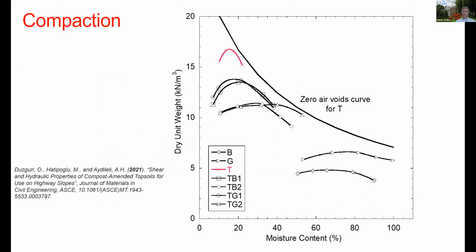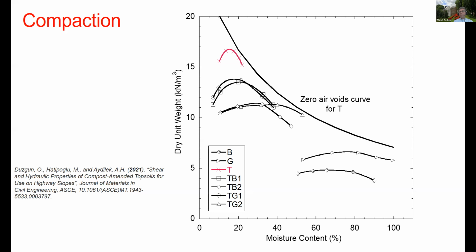Okay, one thing here is looking at the compaction properties. We don't perform the same compaction like we do in other soils, in other systems, such as subgrades and bases. However, it's important to know how the water density relationships of these materials differ from topsoil, just for our own purposes. Here you can see the red one all the way at the top is the topsoil.